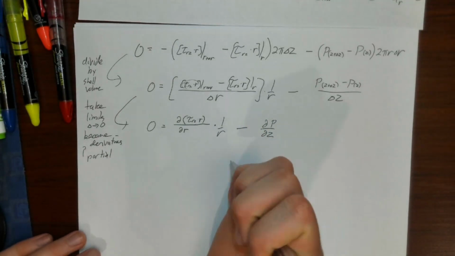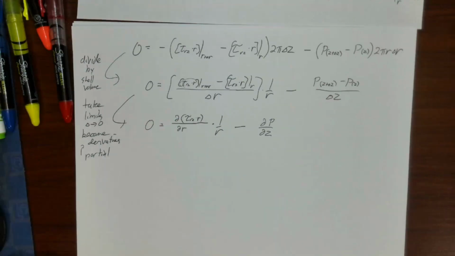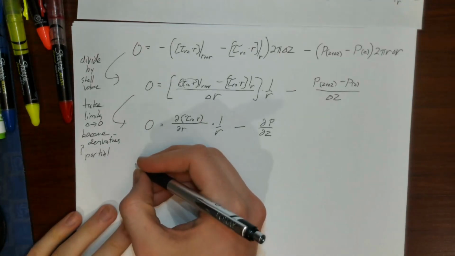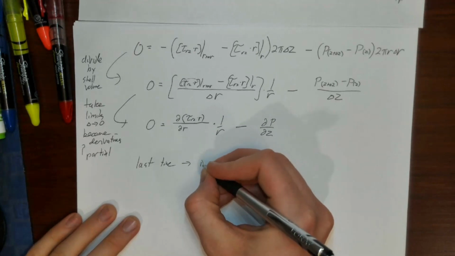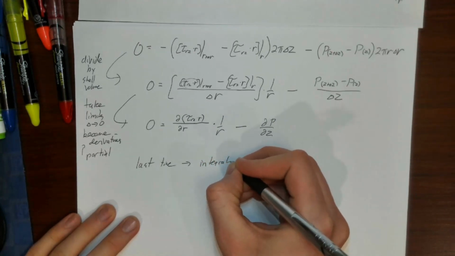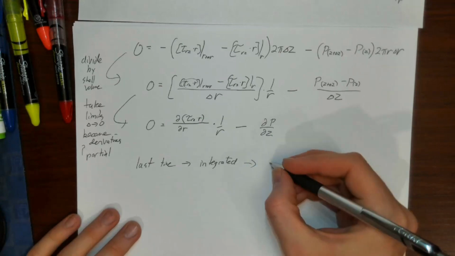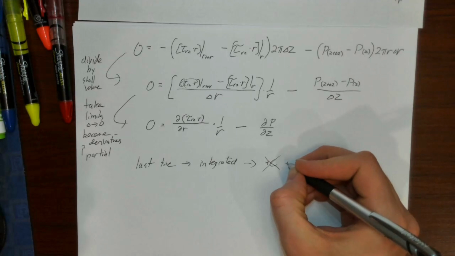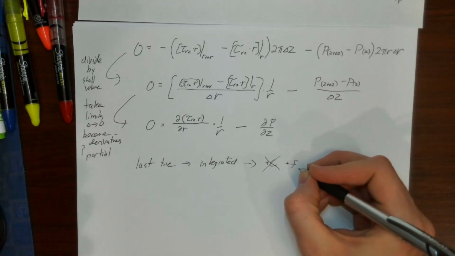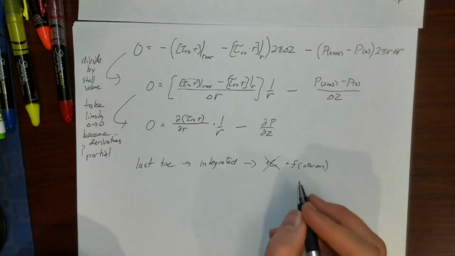All right, so last time when we got to a result like this, we said, hey, could we integrate? So last time we basically integrated, and then when we integrated, instead of getting plus c, instead of getting constants of integration, we got plus some f of other variables, right?